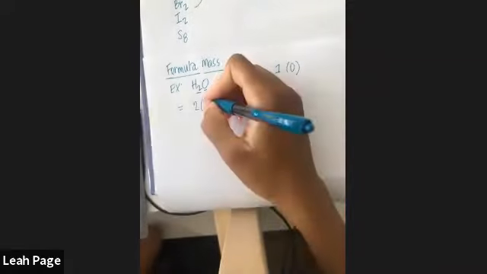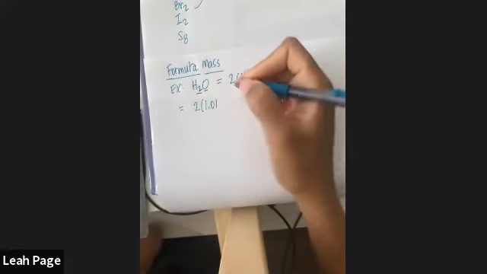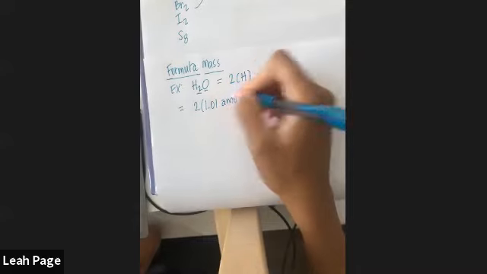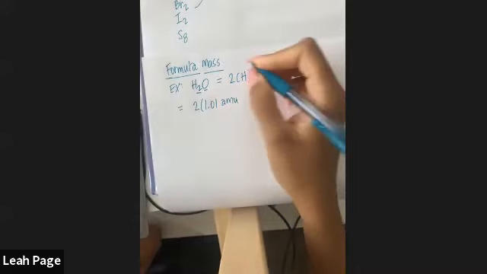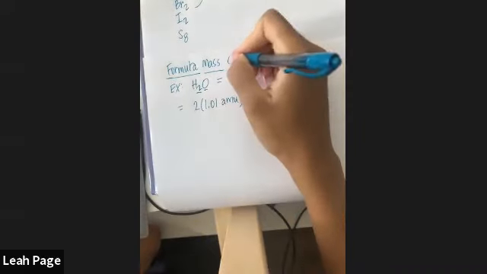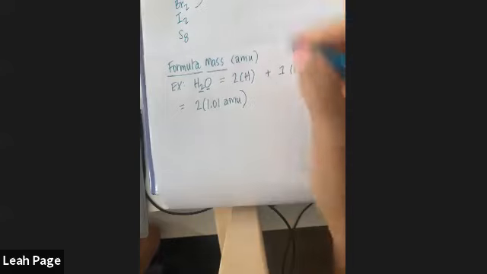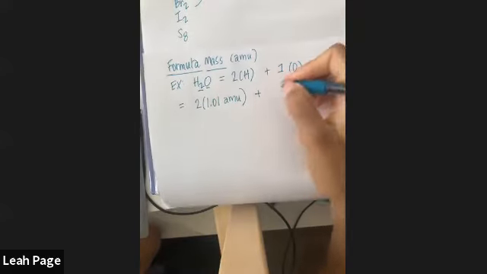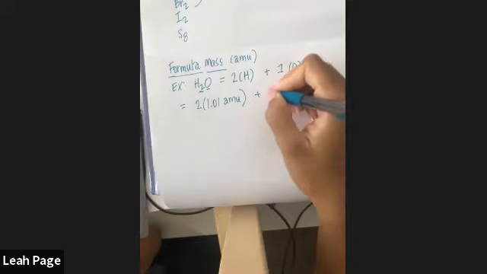So the mass of hydrogen is 1.01. The units we're gonna use is AMU, even though in the second half of class, I'm gonna tell you to change it. Just, when we're talking about formula mass, that's atomic mass units. So 1.01 AMU plus 1 times the mass of oxygen.